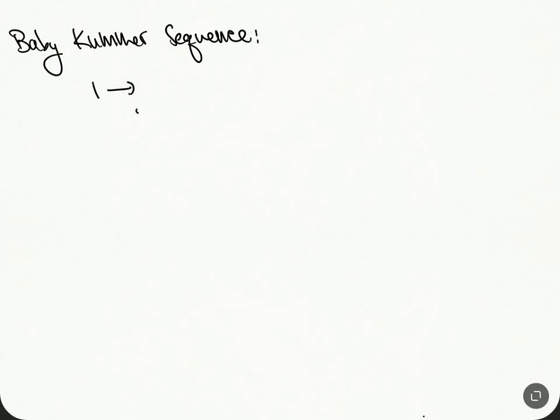Okay, so let's start. Recall that we have this baby Kummer sequence. As in all Kummer theory, it always starts with the following sequence. This is a sequence of group schemes.